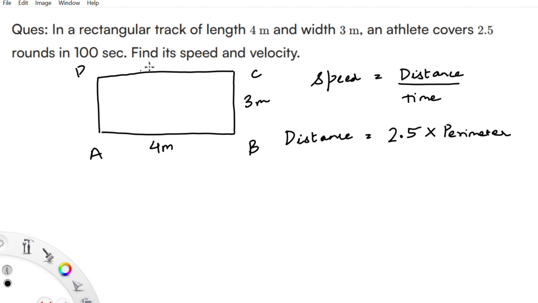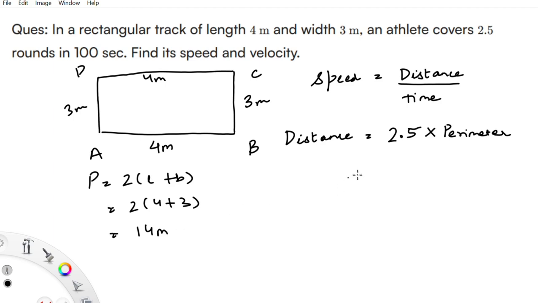So in one round, the athlete basically covers 4 plus 3 plus 4 plus 3. So this is 8 plus 6. That's 14 meters in one round, right? So what is the distance that this athlete will cover in 2.5 rounds can be calculated using 2.5 into the perimeter of this field, and the perimeter can be expressed as 2 times the length plus width. So you have 2 into 4 plus 3, which is 2 times 7, and that gives you 14 meters.